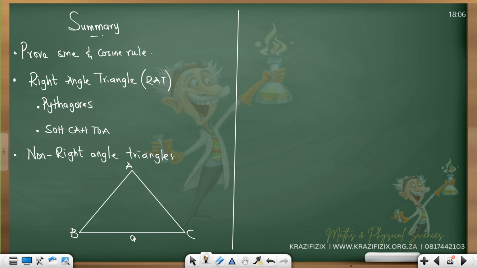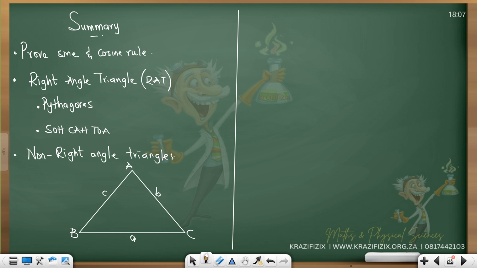The side facing angle B, a small letter b. And the side facing angle C, a small letter c. If I say PQR, it will apply again: capital P and small letter p, capital Q and small letter q. So this triangle is a non-right angle triangle.